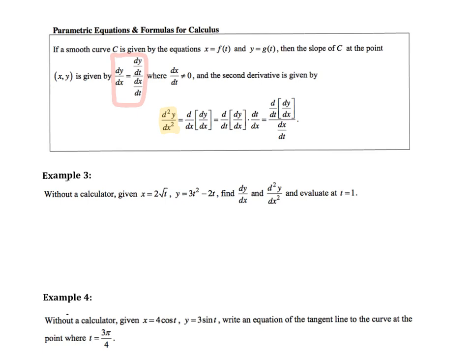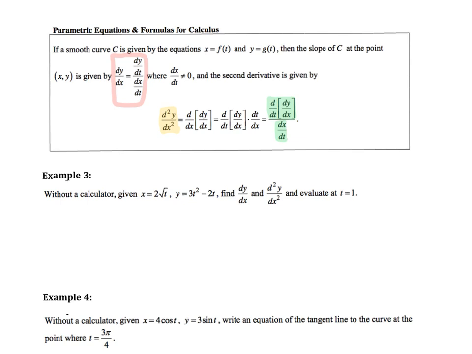So what that means is when you're taking the derivative with respect to x of dy dx, first you're going to want to take the derivative with respect to t of dy dx and then multiply that by dt dx. And therefore we're really just going to take the derivative with respect to t of dy dx, and then in order to get that differential to match up, we're going to divide by dx dt.